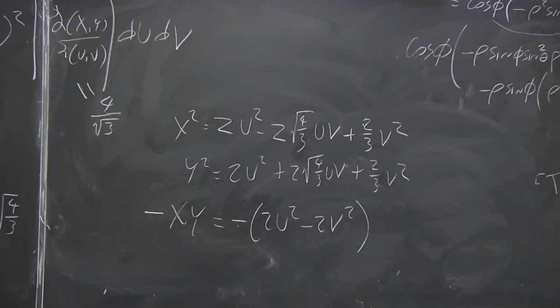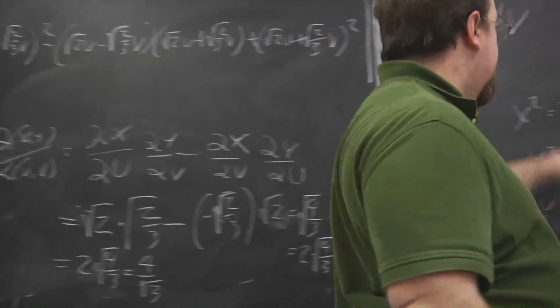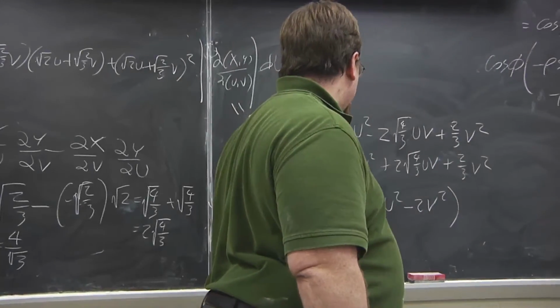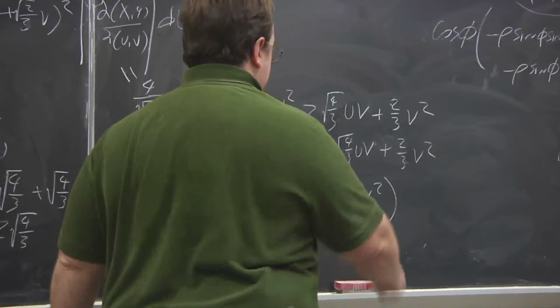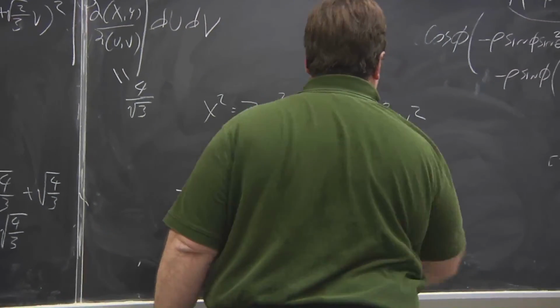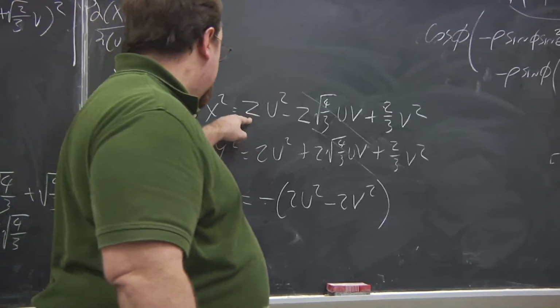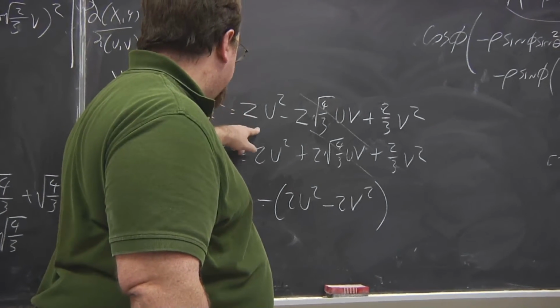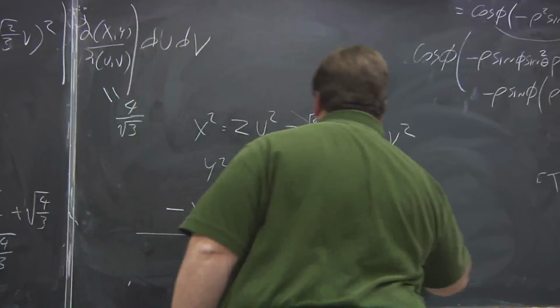Okay. So now what we're going to do is we need to add all of these up. So these cross terms involving u and v are going to cancel out. And then here we have 4u squared minus 2u squared. So we're going to add up all of these.